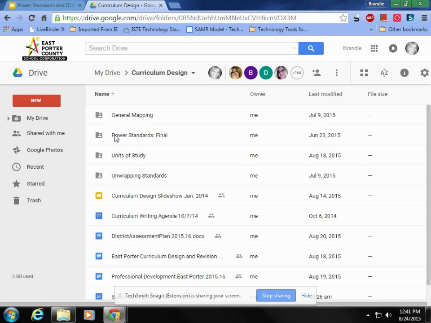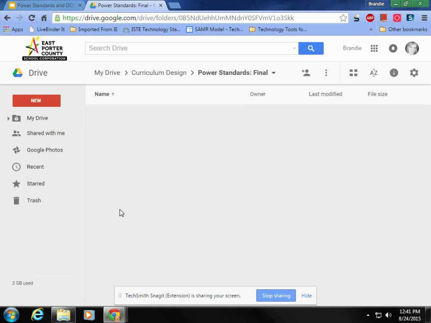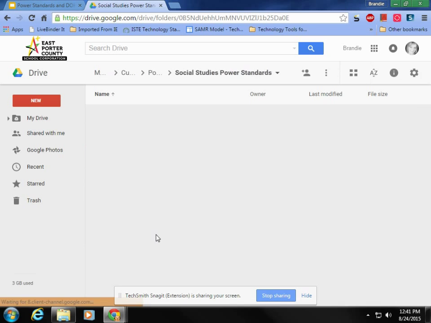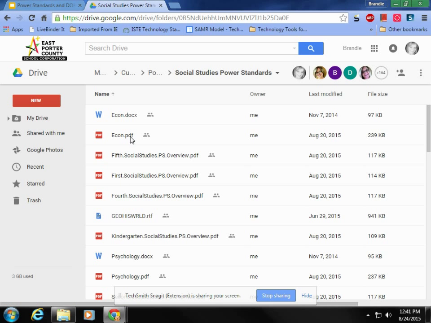And you will see a folder that says Power Standards Final. When you open up the Power Standards folder, you are going to see your content area. You'll double click on that and you'll see a listing of all of the power standards for kindergarten through 12th grade.